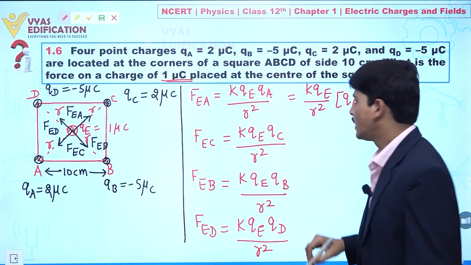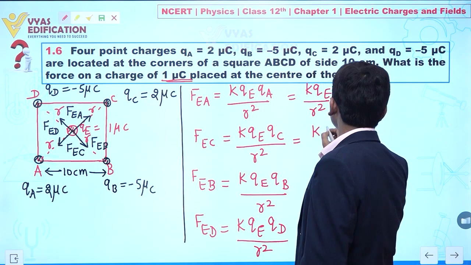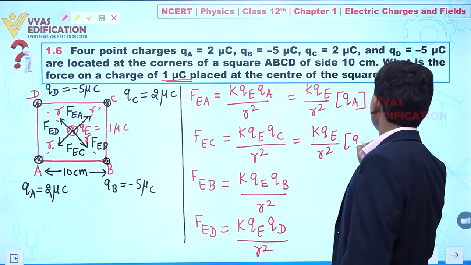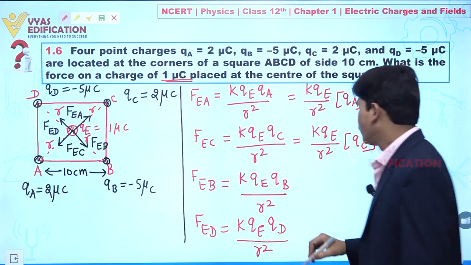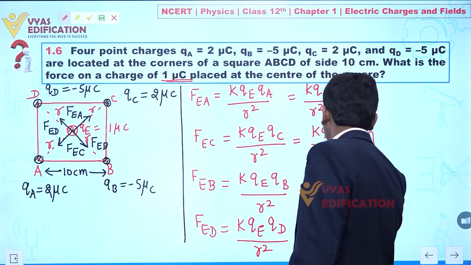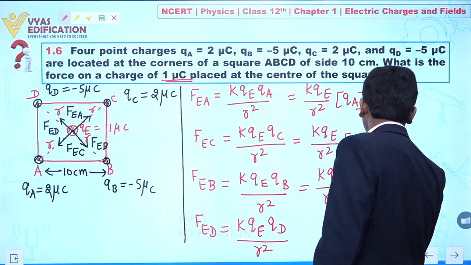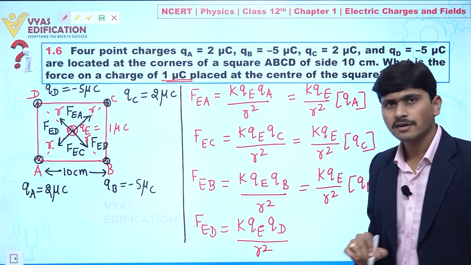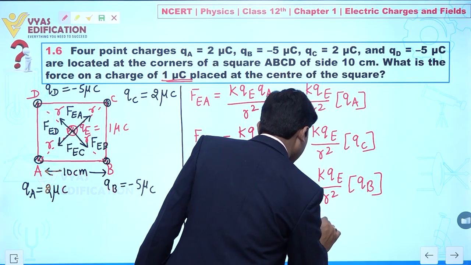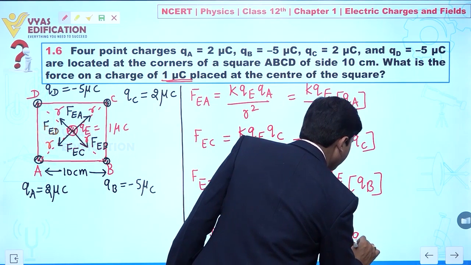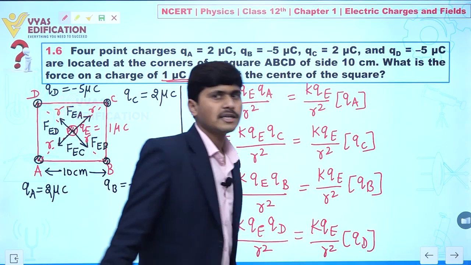Then here it is also KQE over R square with QC, then KQE upon R square with QB, and KQE over R square with QD. Now listen carefully.